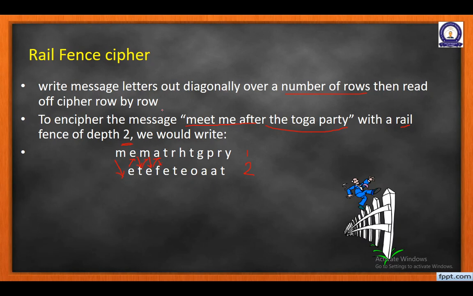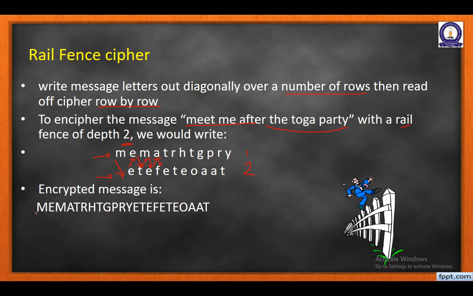Now how are you going to read this message, or what will be my encrypted message? The encrypted message is written by reading the cipher row by row. I read the first row first, and then the second row. So my encrypted message, written in capital letters, is MEMATRHTGPRY, and then the second row.